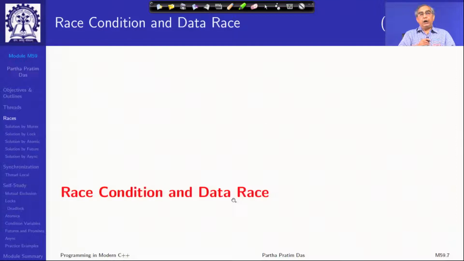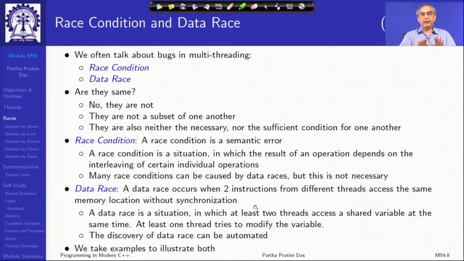Now, just again to recap what is race condition or data race. These are kind of synchronization problems. So, they are very closely related, though they are not exactly the same thing. As you have seen, a race condition is a semantic error. It is a situation in which the result of an operation depends on the interleaving of certain individual operations which may occur in indeterminate order in multiple threads.